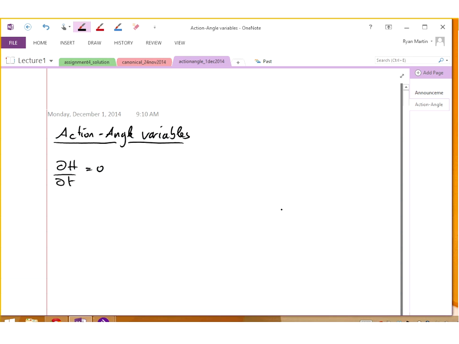That W is called Hamilton's characteristic function, and E is the energy of the system.